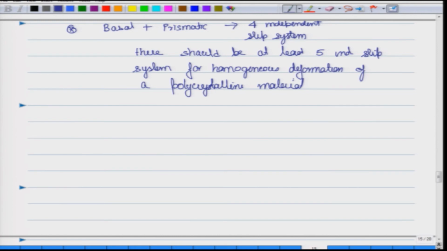So, it means that most of the time there are two implications, that most HCP metals will not show homogeneous deformation at low temperatures, where only basal or prismatic slip is activated.